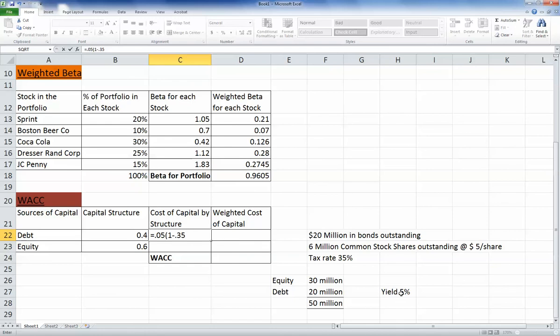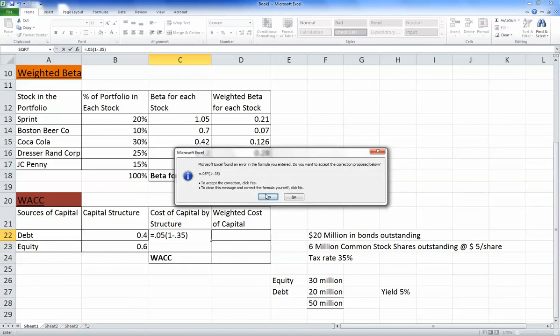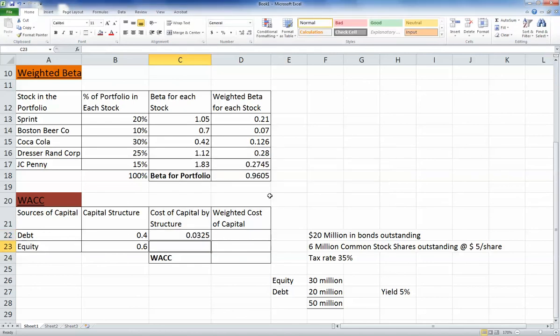Our tax rate is 35%, as it says on the right hand side, and that gives us our cost of capital by structure. So always remember that tax shield, so it's 1 minus the tax rate. In this case, the tax rate is 35%.